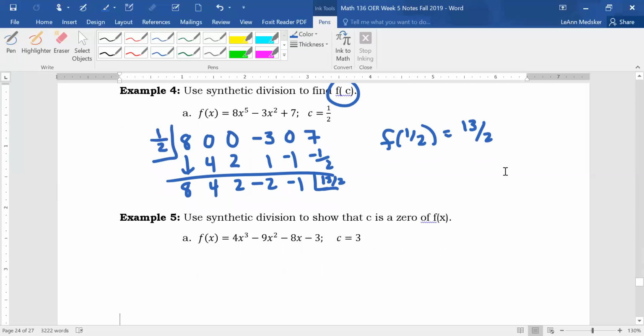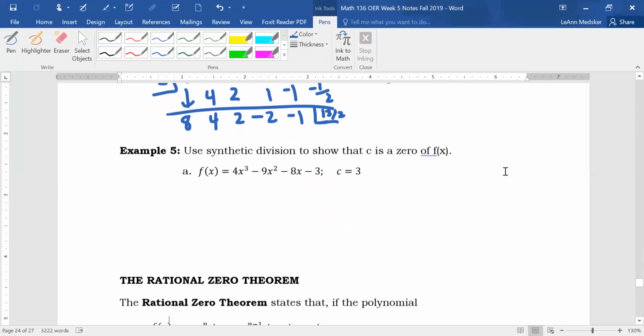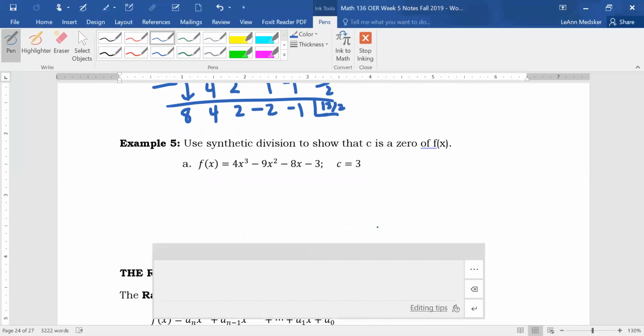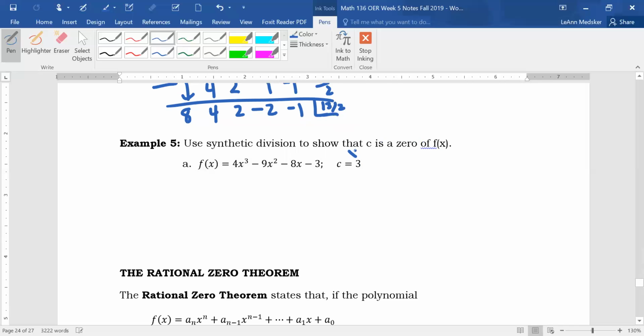And then the 5th example says prove that this is a 0 of f of x. So if you do synthetic division and you get 0 as a remainder, that means that this would have been like x minus 3 if we solved it back over. That factor goes evenly into this polynomial. So we have our 3. We're missing a power. No, we're not. So this is negative 9, negative 8, and negative 3.